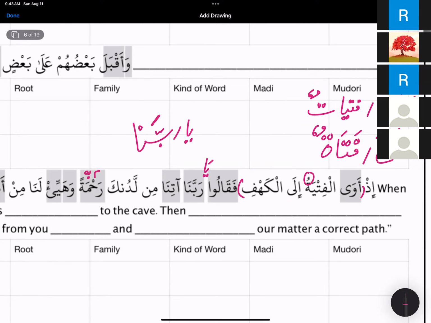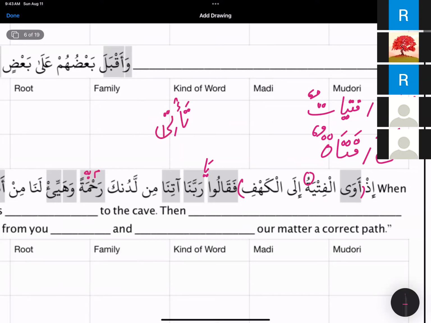Okay, so they said Ya Rabbana Atina. Now what is Atina? Mahmoozul Fa. Yes, again Atayati, right? And then Tati, Anta version. Tati. And how do we make Amar?